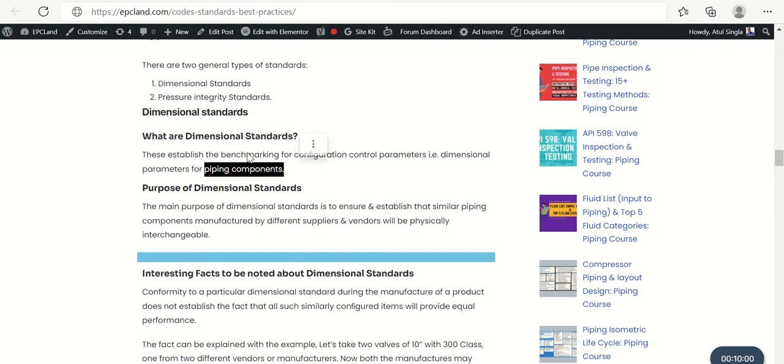These standards will define the dimensions of each component, so that everybody globally knows these are the dimensions. If somebody is asking for a 4-inch flange, 150 pound rating, they will refer to these standards, and they will come to know what dimensions they have to manufacture, right? So it is giving us the standardized things.